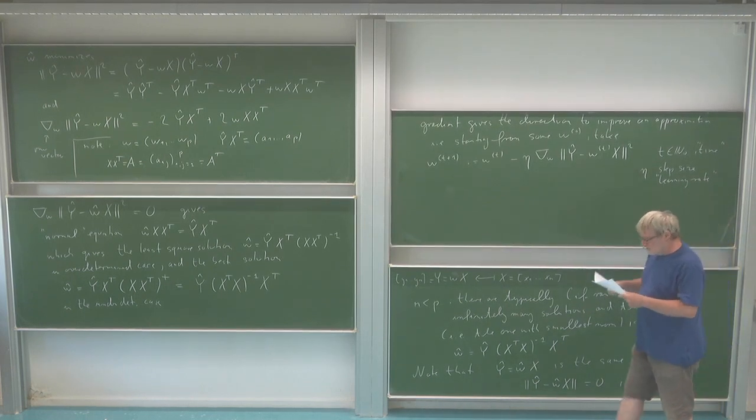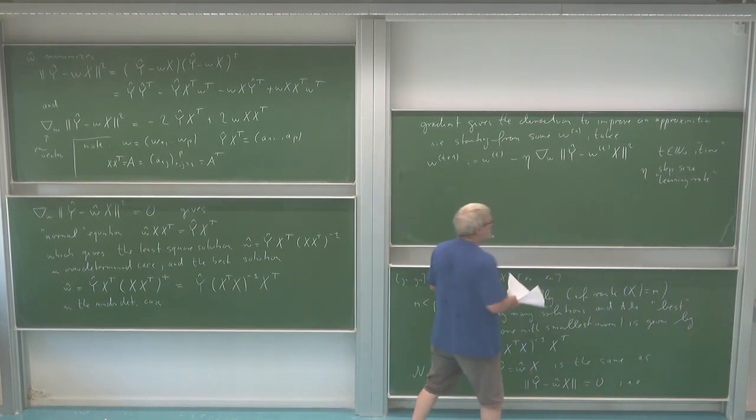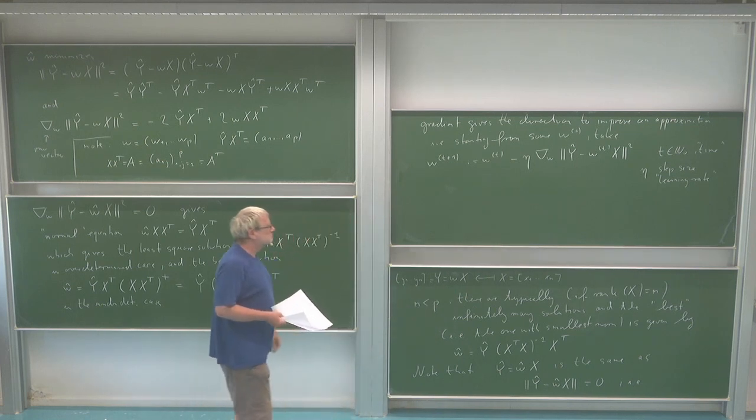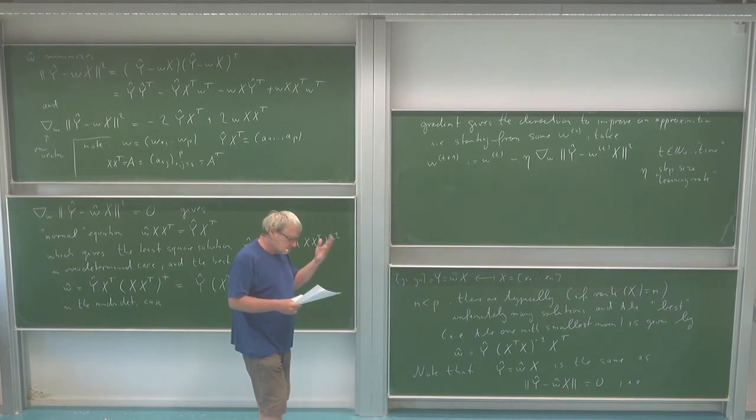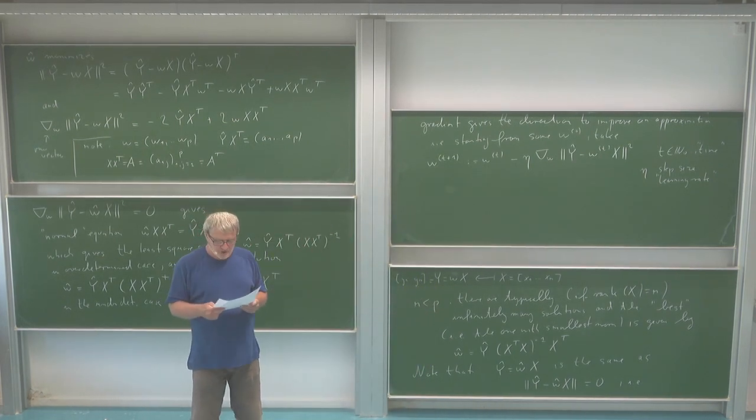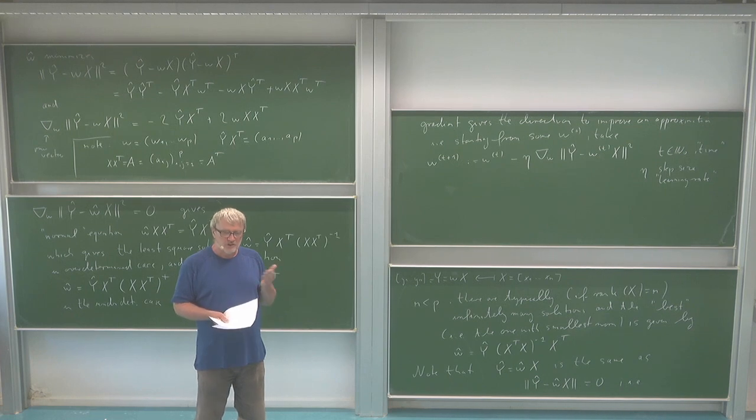Good, okay, and now if you do this, by general properties of such things, in the overdetermined case, where actually you have a unique solution, this algorithm will really converge to the solution. So in the overdetermined case, everything is nice.